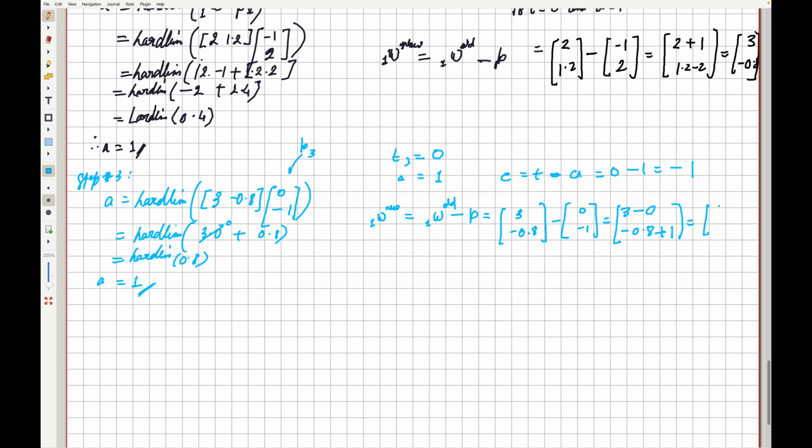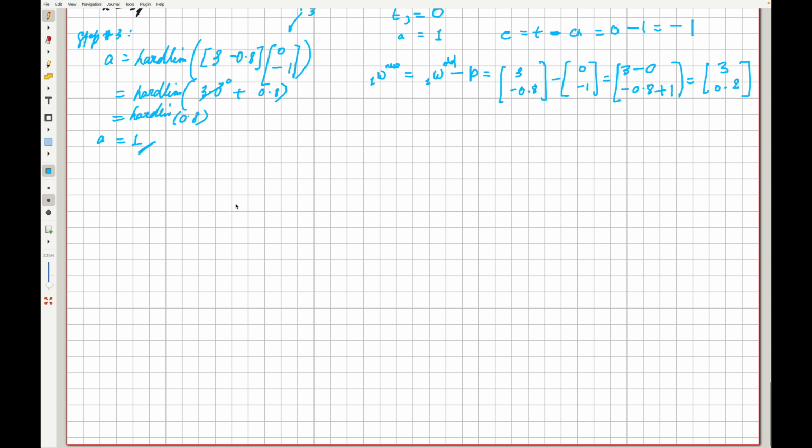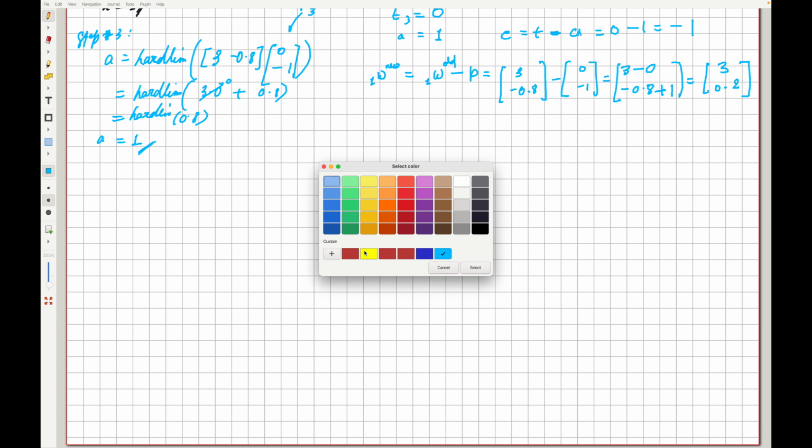In the output we get 3 again. Oh, so this is going to be 1 minus 0.8, that's 0.2, with a plus sign. That's the new W we have, and we'll keep going until we get to the correct weight matrix that gets us a nice decision boundary.